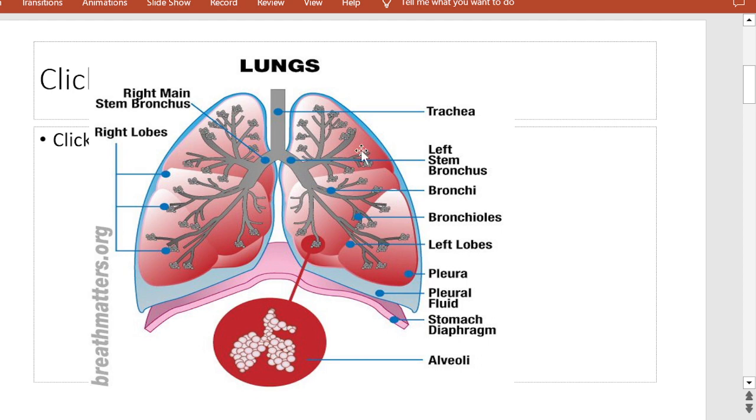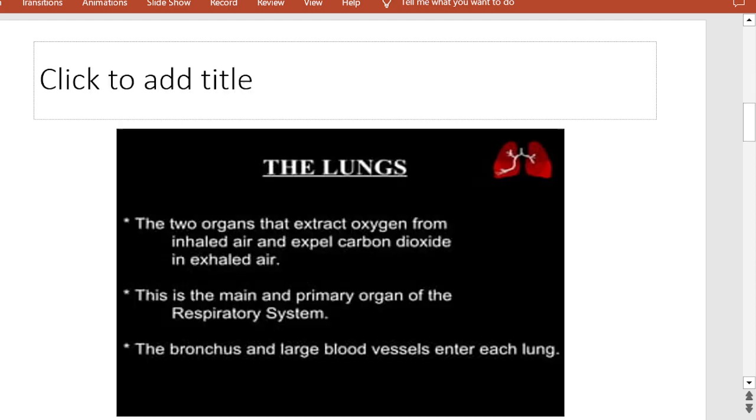So the lungs are right and left, situated in the thoracic cavity. The main structures of the lung are the bronchus, which divides into secondary bronchi, and again into the major branches called bronchioles, and the bronchioles' ending portion we call alveoli.